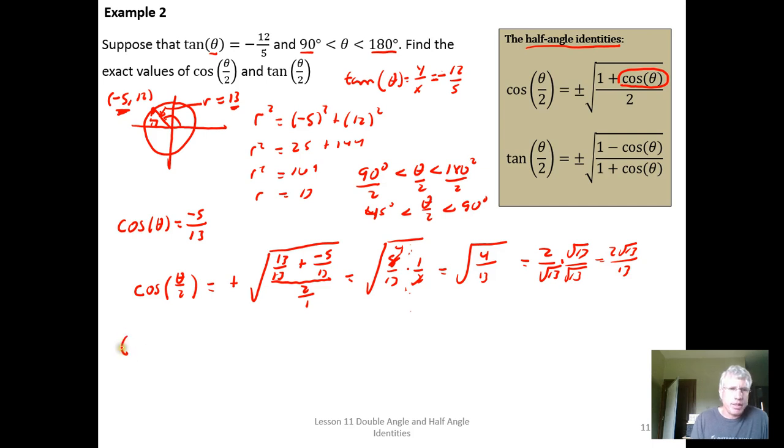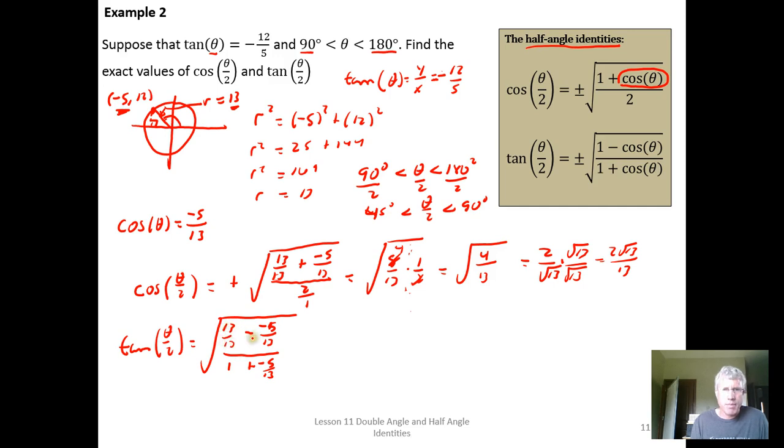And then we can calculate the tangent. The tangent of theta over 2 using our identity says, hey, it needs to be the square root of 1 minus the cosine over 1 plus the cosine. And then we want to recognize that we need a common denominator, so this is going to be 13 over 13.